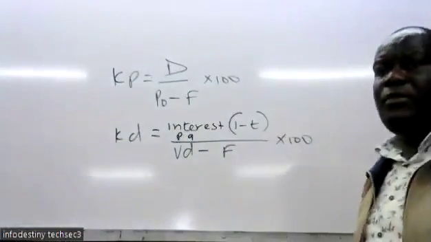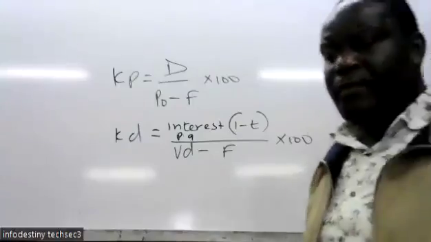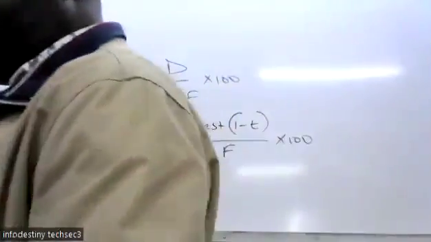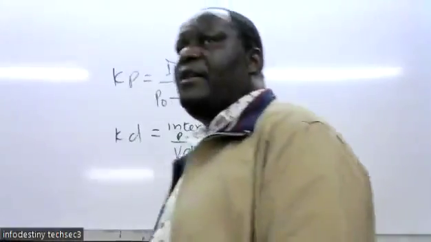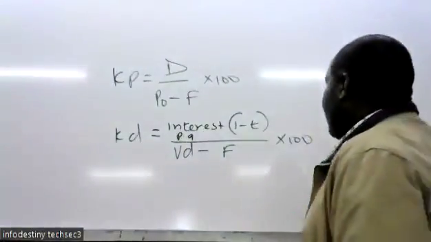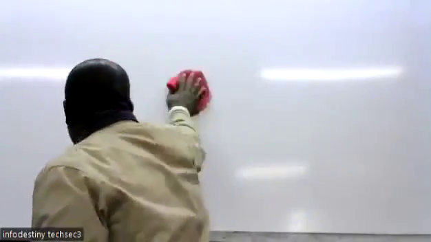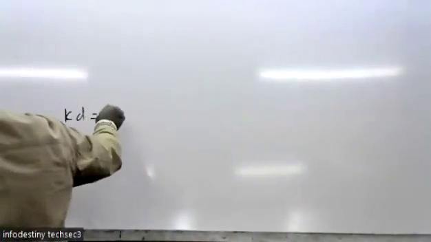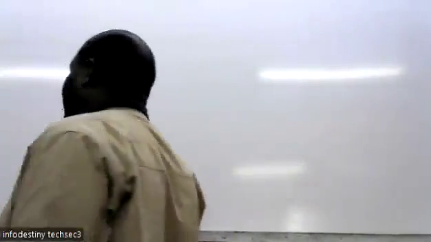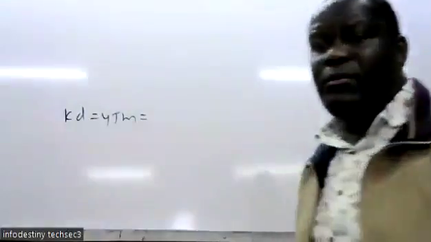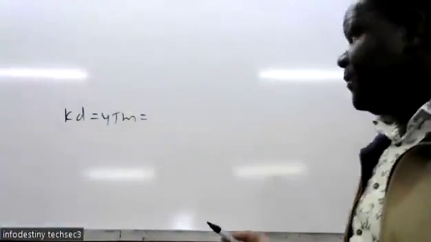So to calculate KD, KD will be the same as the yield to maturity.